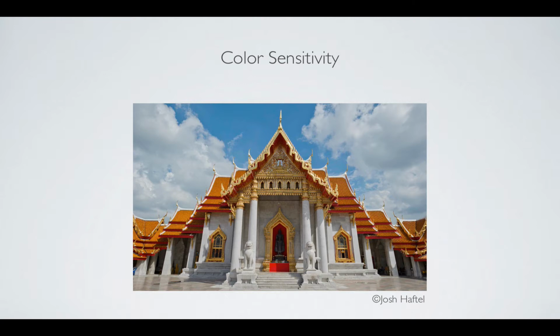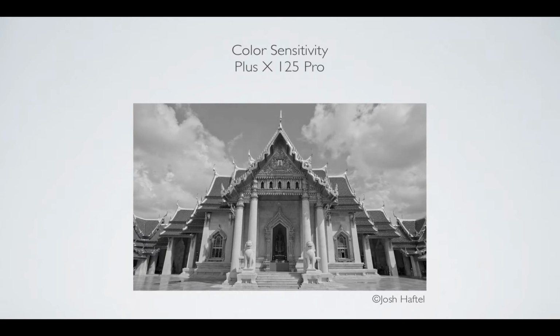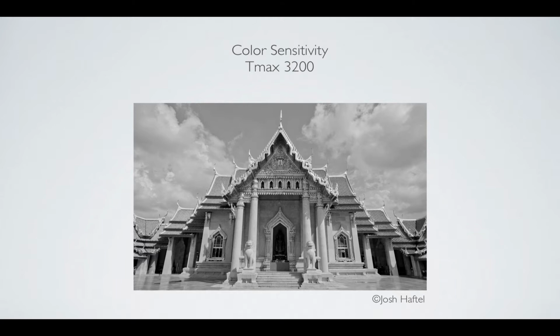Now, color sensitivity, otherwise known as spectral response when shooting black and white film, is how the color of the scene that you're shooting translates into black and white. What we've got here is obviously a color photograph. When we convert these images to black and white digitally, it's not going to look like this, or like this, or like this by itself.